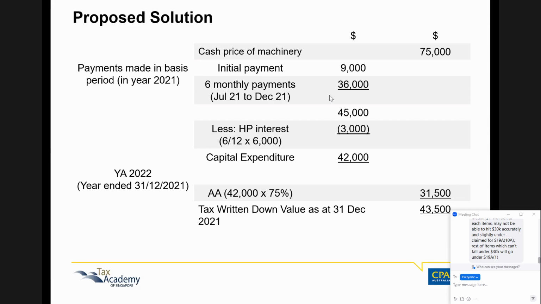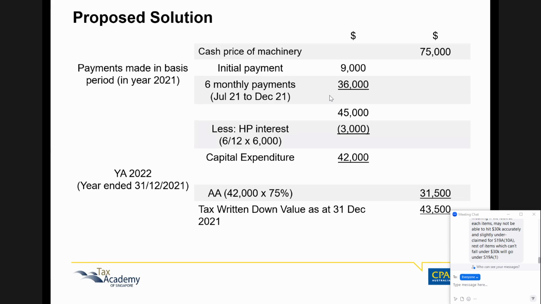Okay, so the question is on the 1910A, that small value item claim of that 30K. Do we look at the overall group and not look at each individual item?